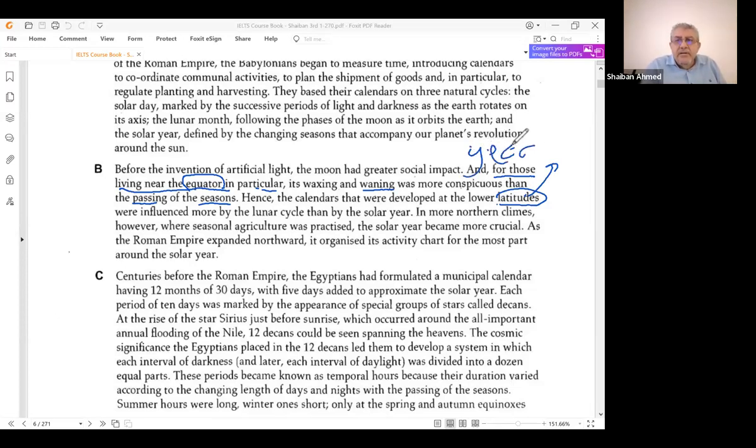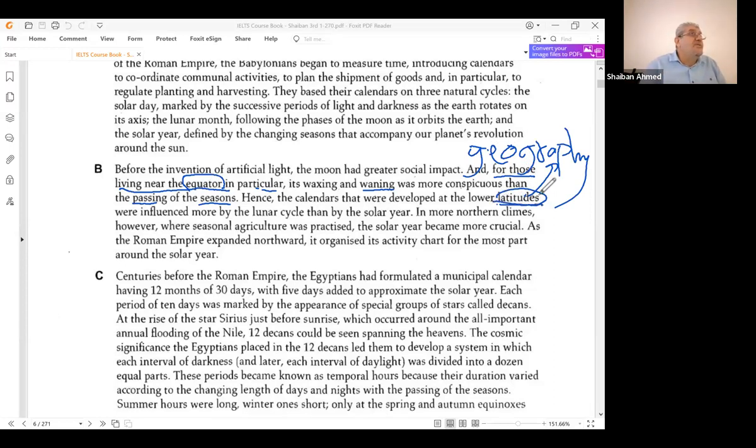I look for the rarer word. The word geography is not about social events. Social events is a very common word, but geography is the key that doesn't repeat in another place. So it says equator and latitudes.